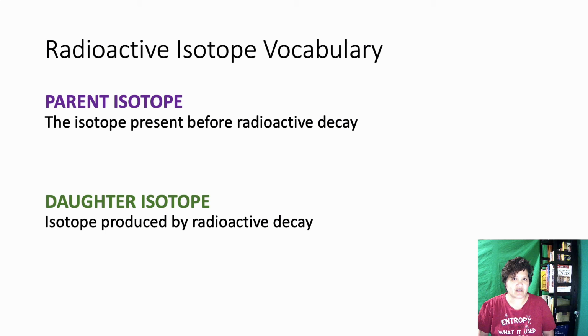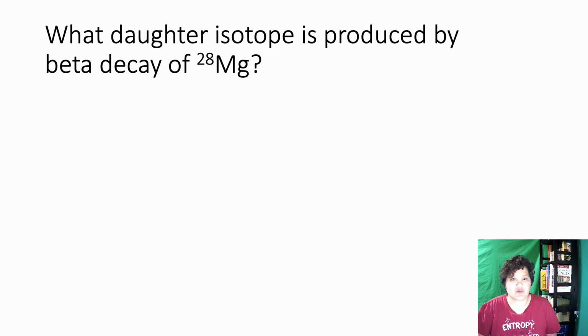All of those things are used in literature, but if you just remember that the parent is what you start with and the daughter is what you end with, then all the little permutations of parent what and daughter what will be pretty clear. So now we're going to look at some trends.